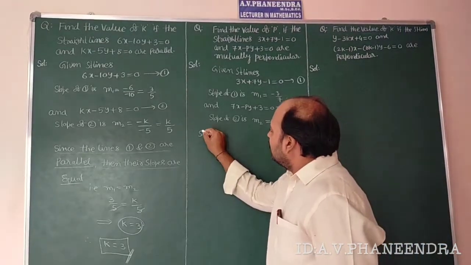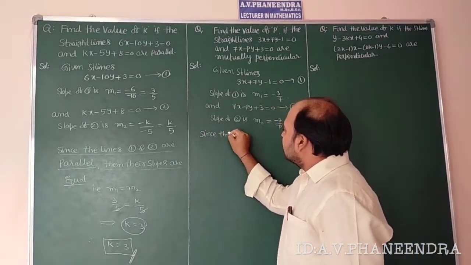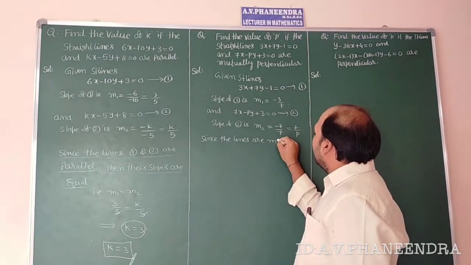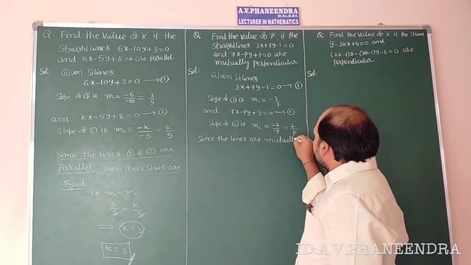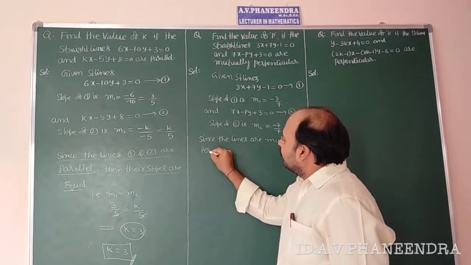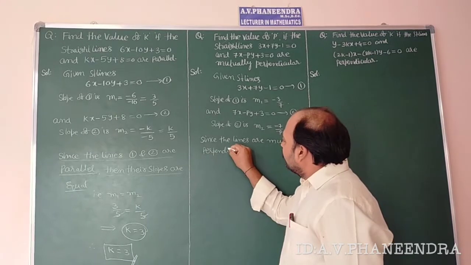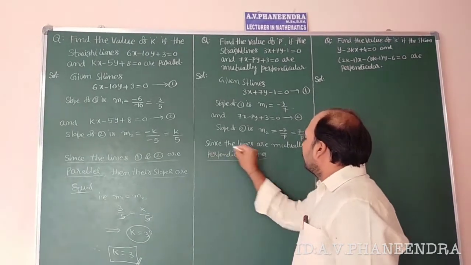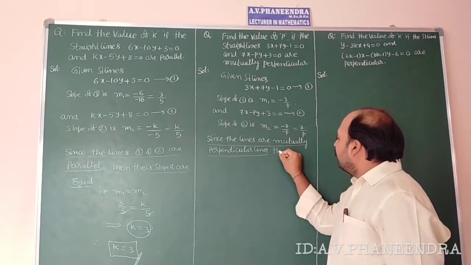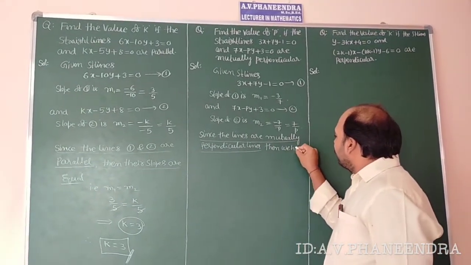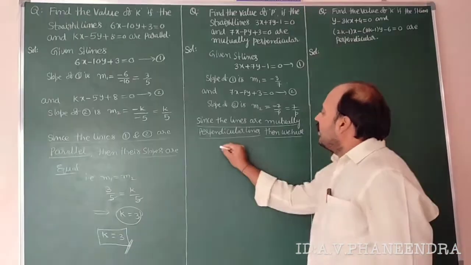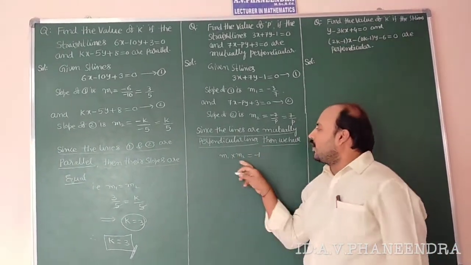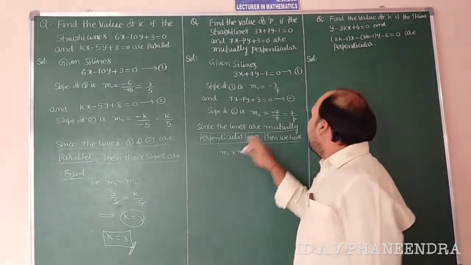Since the lines are mutually perpendicular lines, then we have m1 into m2 is equal to minus 1. That means whose product is equal to minus 1. m1 value is what?